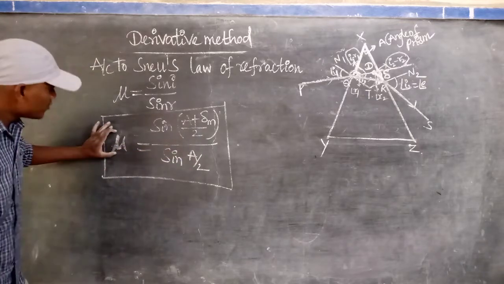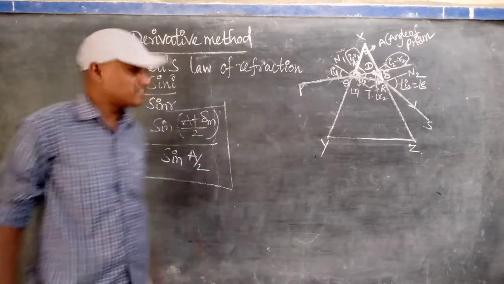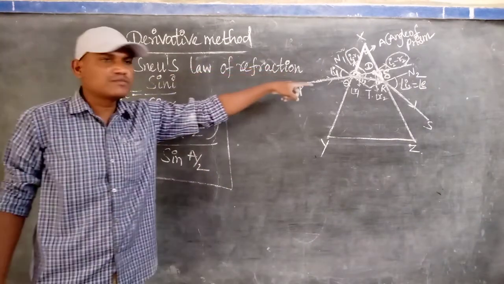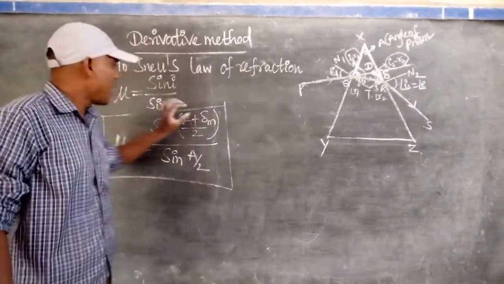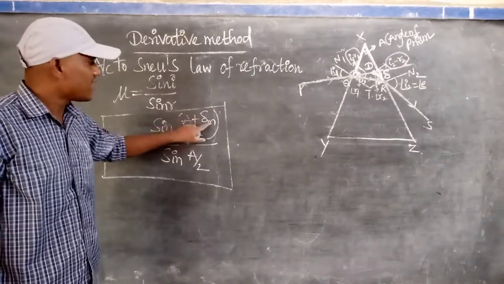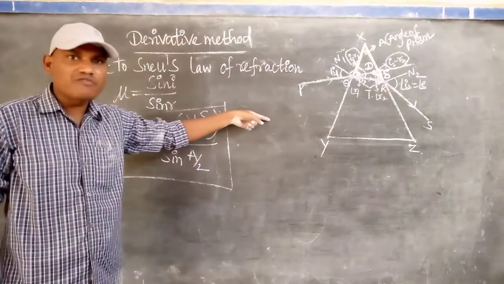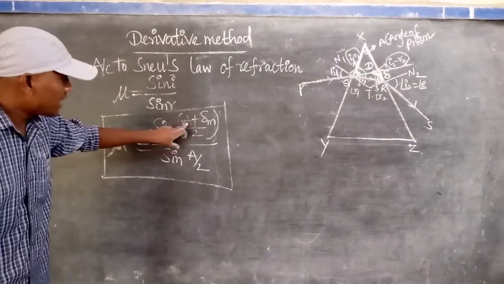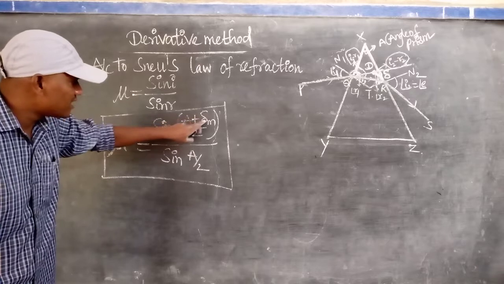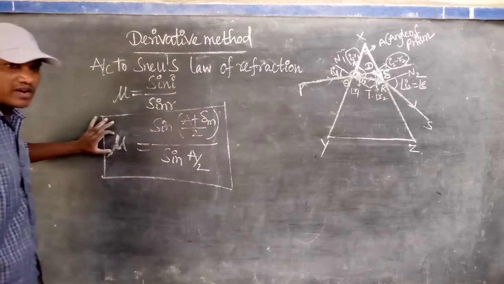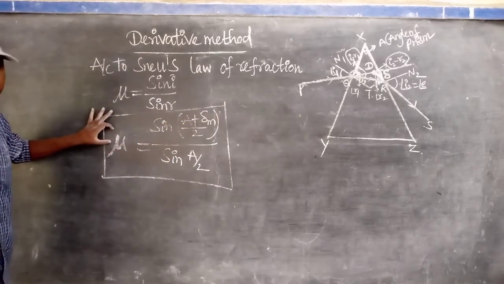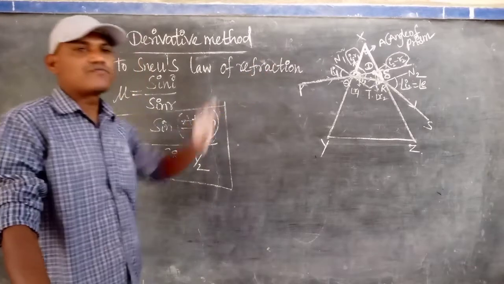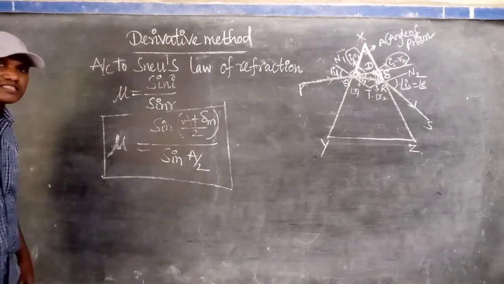Here mu is the refractive index of the prism, and A is the angle of the prism. We can take a prism that is generally equilateral, so angle A is 60. Delta M, the minimum deviation angle, we can find from the graph. When you substitute the angle of the prism and the minimum deviation angle in this formula, we get the refractive index of the prism.